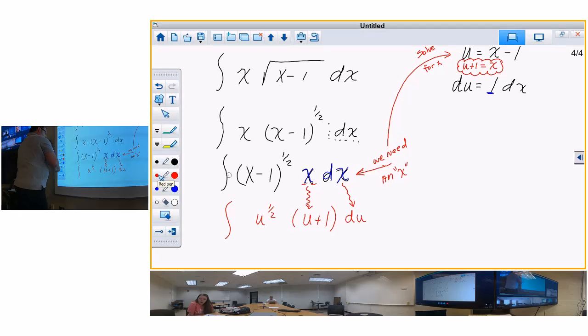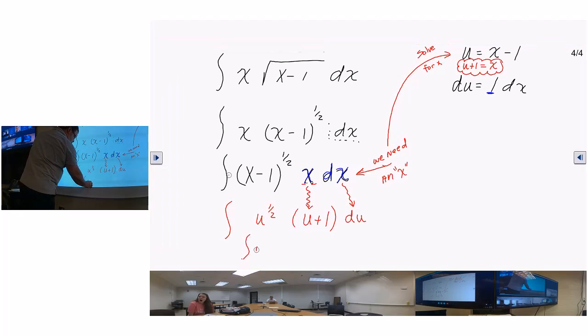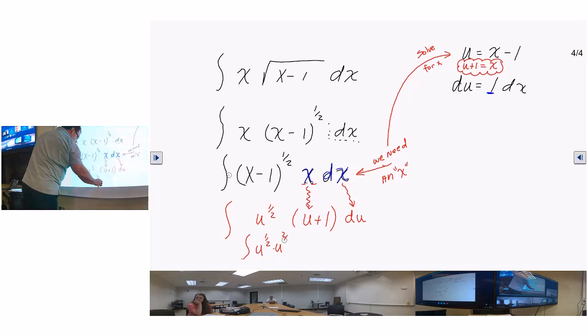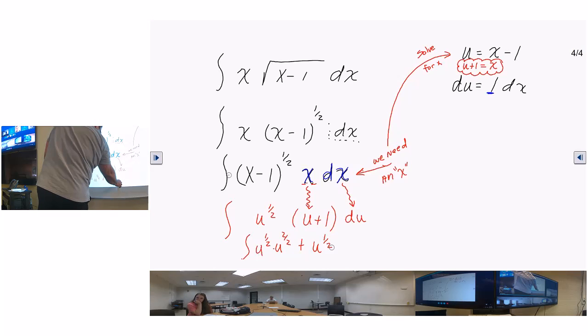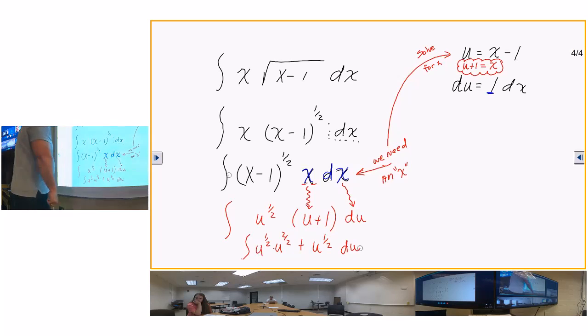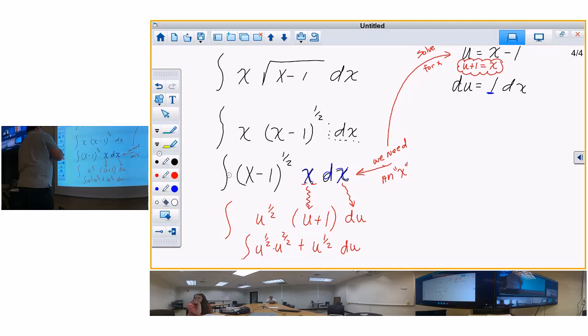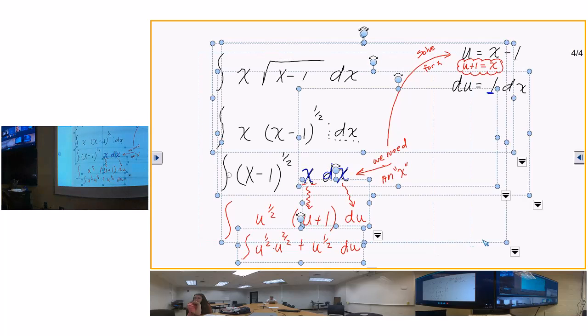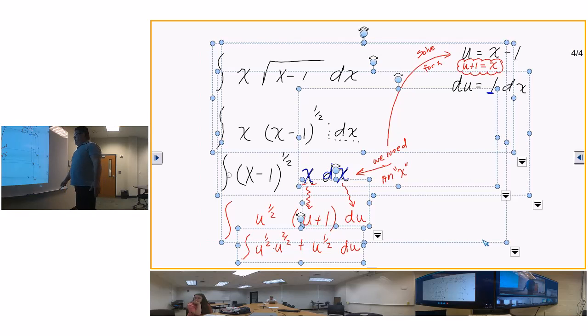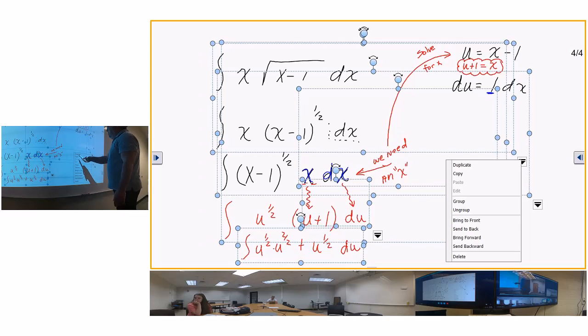Well, you get u to the 1/2 times u to the 2/2 plus u to the 1/2 du. I'm going to make this small so I'll have more room. Now on a scale from 1 to 10, we're at about an 8, okay? And you need to make sure you do a couple of these in the homework on 5.5.